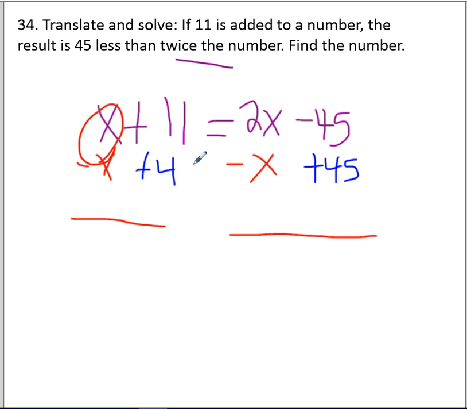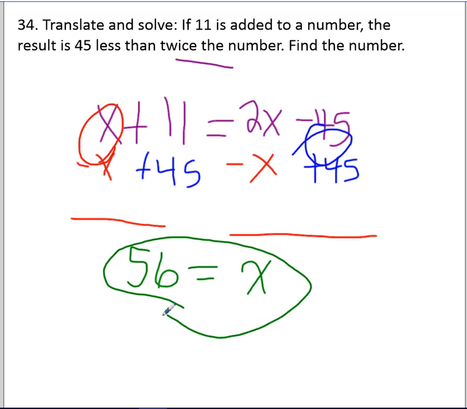When we do that, our 45 zeroes out on the right. And on the left-hand side, 11 plus 45 is 56. And 2 minus 1 is 1, so 1x. We'll just keep that 1 invisible. We don't need to put it. And so there's our answer. There's nothing to divide on our last step. 56 equals our x.